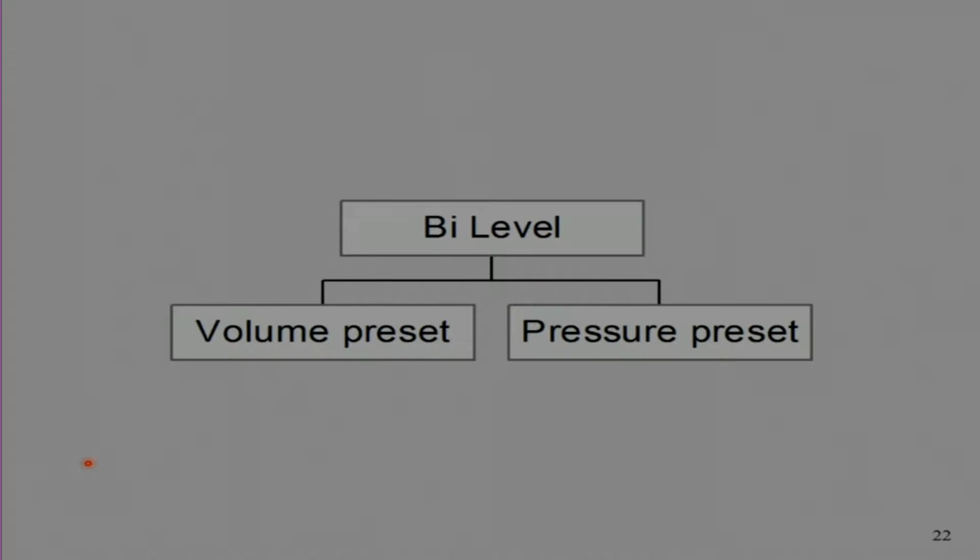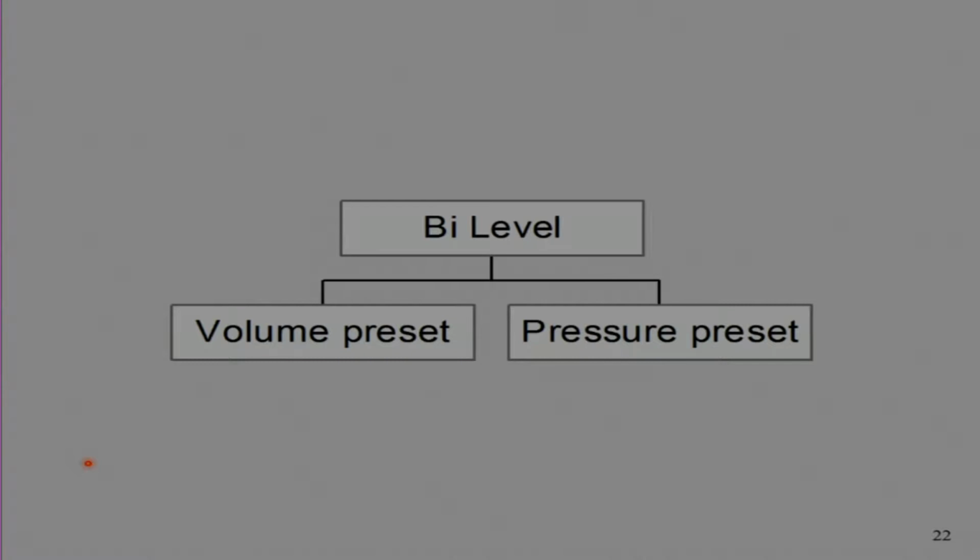When you look at the bi-level ventilator, there is volume preset, where the ventilator will give a fixed amount of volume to ventilate the patient. And the second one is pressure preset. It will give a fixed amount of pressure to ventilate that patient. Nowadays, we don't use the volume preset ventilator. It is almost obsolete.